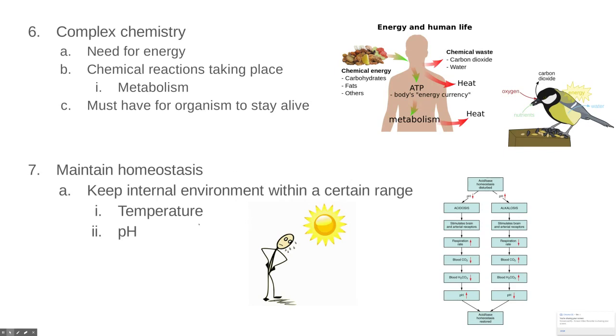If the temperature outside gets too hot, we sweat to keep our bodies cool, to keep that internal environment the same. pH is the same. Our cells will function in a certain pH range. If it gets too high or too low, then our body will no longer be able to function. So maintaining homeostasis is important.